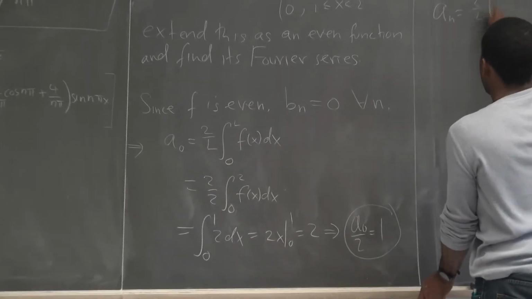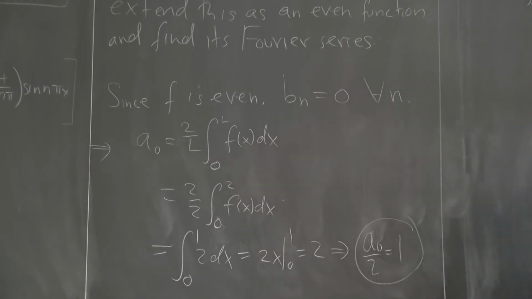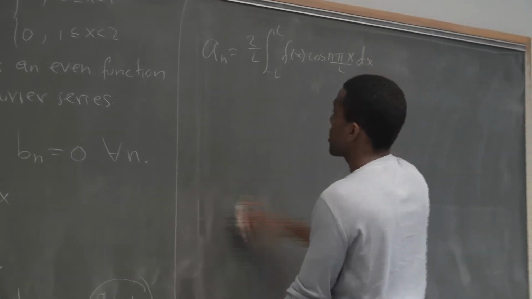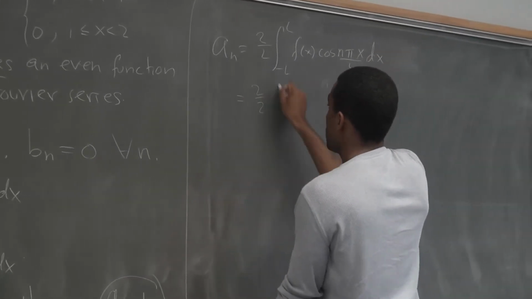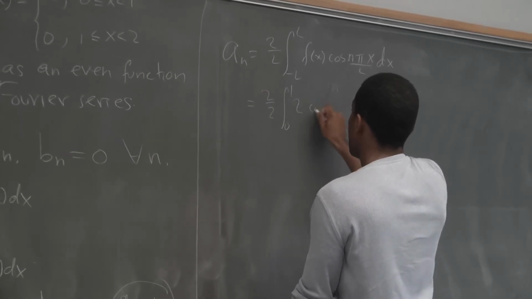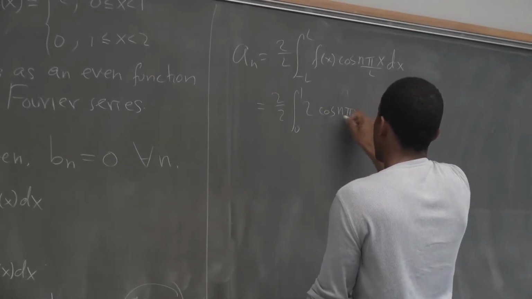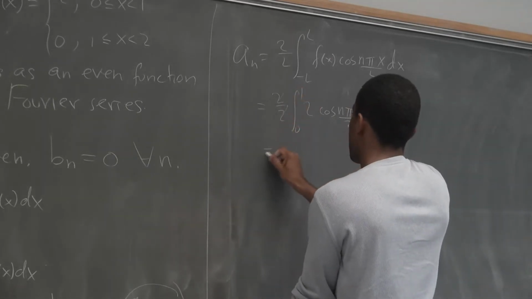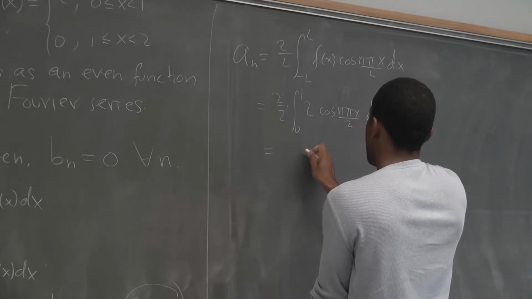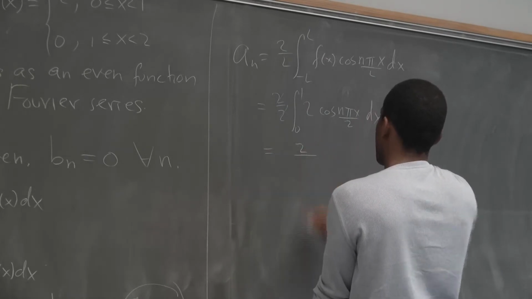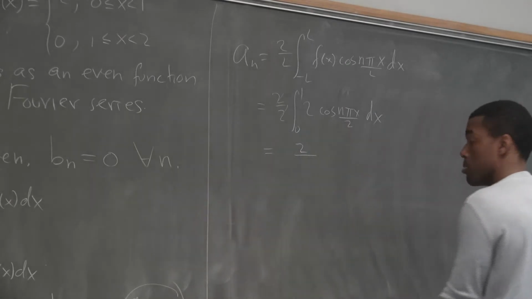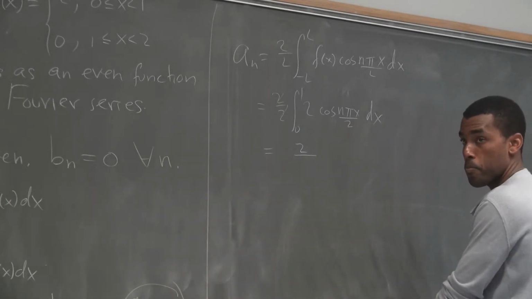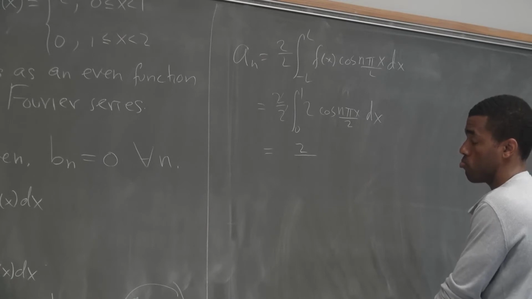a_n will be 2 over L integral from minus L to L of f of x cosine n pi x over L dx. This is 2 over 2 integral from 0 to 1 of 2 cosine n pi x over 2 dx. Those 2's cancel. So this will be 2 over, what's the integral of cosine of n pi x over 2? Negative n pi over 2.